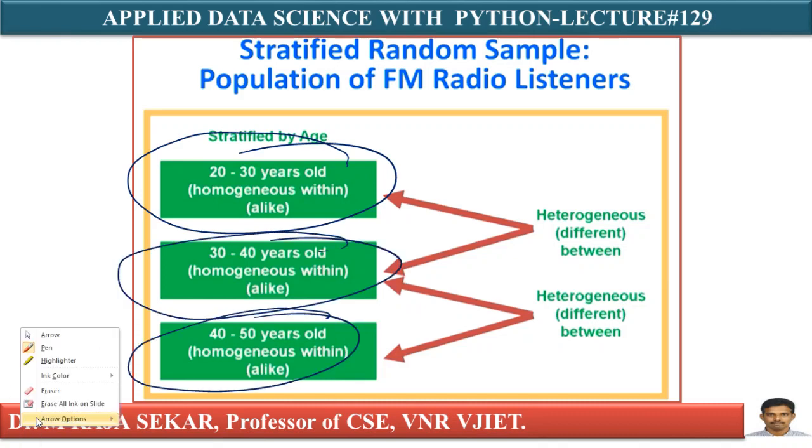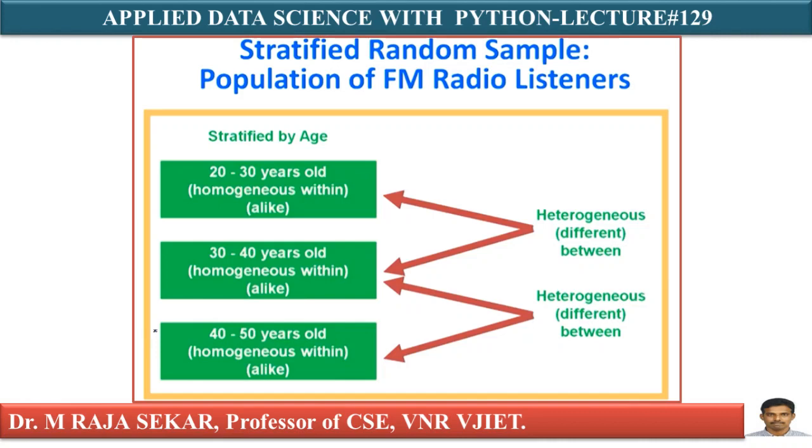One strata is 20 to 30 year old, another one is 30 to 40 year old, another one is 40 to 50 years. You see that each stratum is homogeneous. Within a stratum, all of them are homogeneous. There is homogeneity within the stratum, but between the strata there is heterogeneity.